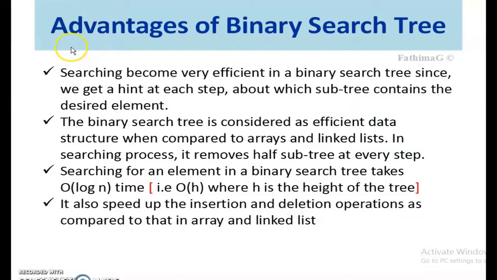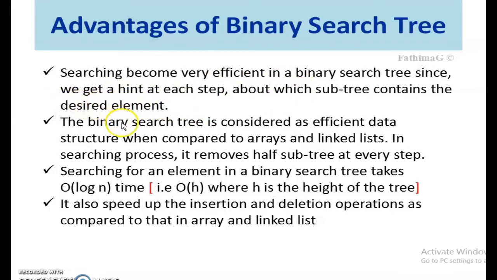Next, let us see the advantages of binary search tree. In binary search tree, the searching becomes very efficient since we get a hint at each step about which subtree contains the desired element.